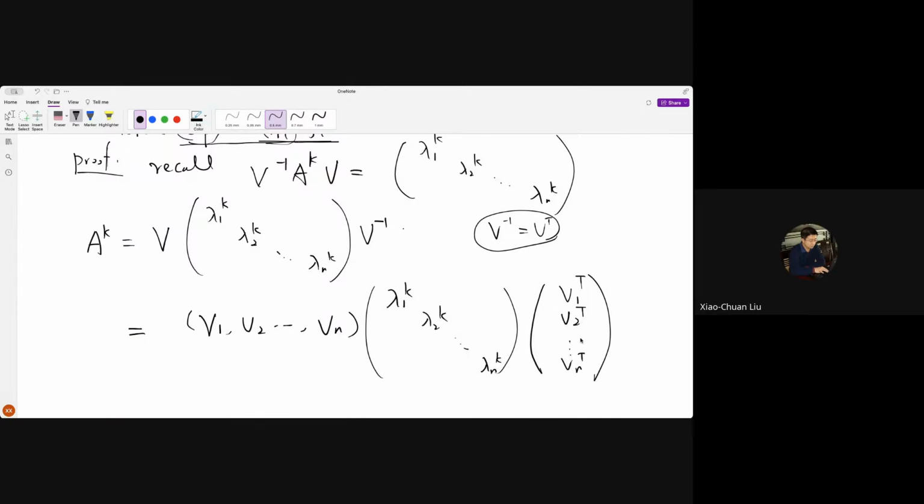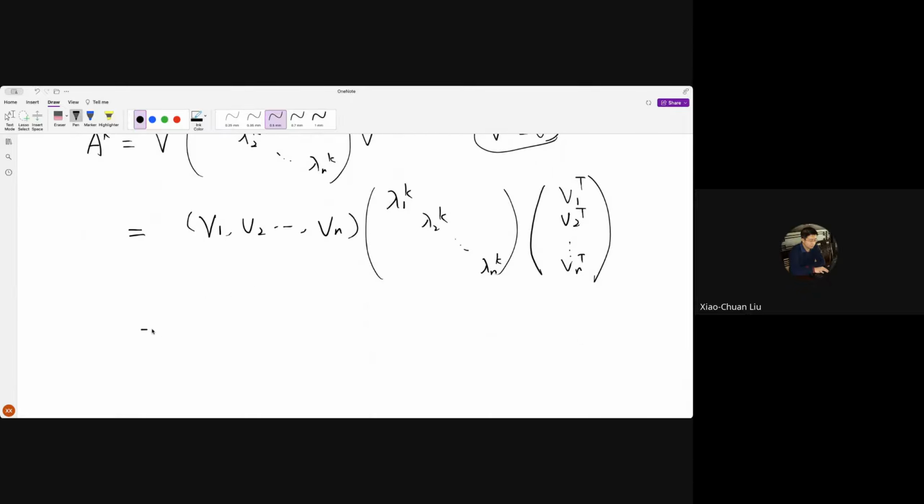If we expand this, let's write V1 as V11, V21, up to Vn1, as the first column vector. The next is V12, V22, up to Vn2, and the last is V1n, V2n, up to Vnn.